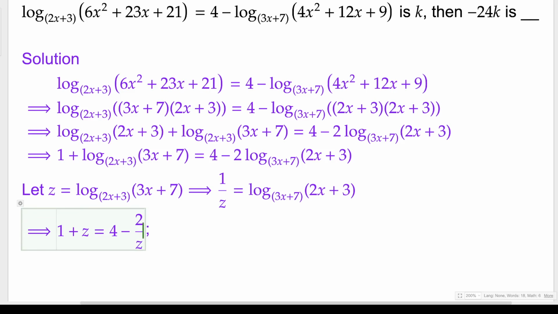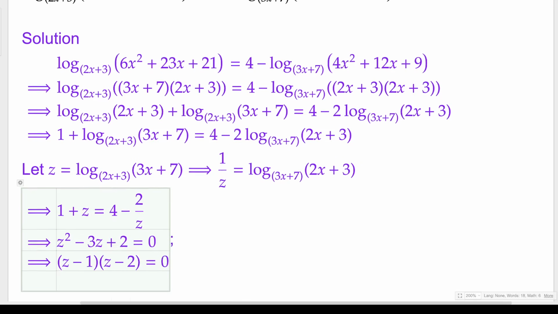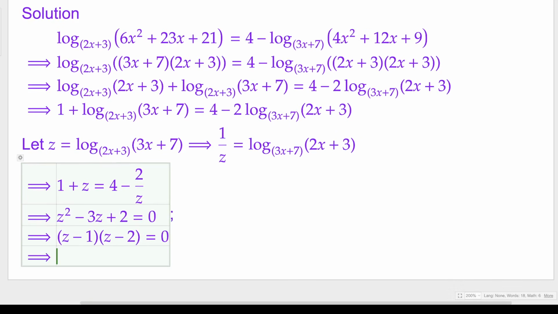On resolving this equation, I get the quadratic z²-3z+2=0. If I factorize this, it is (z-1)(z-2)=0, so z can take the values 1 and 2.